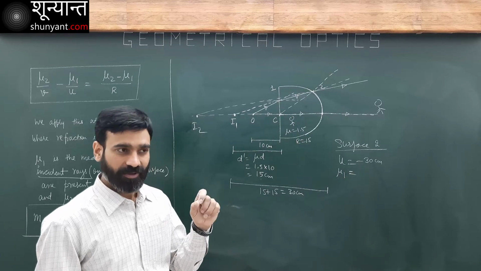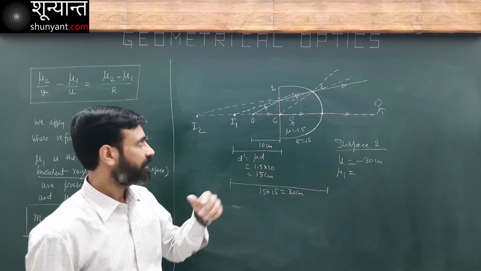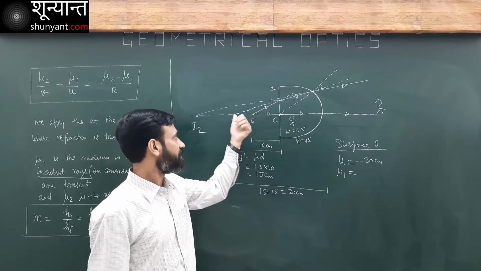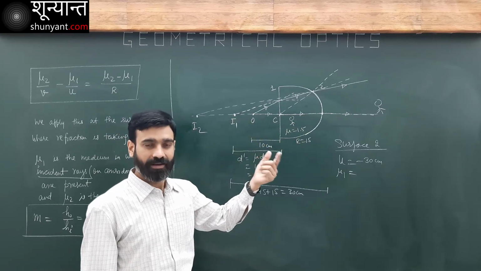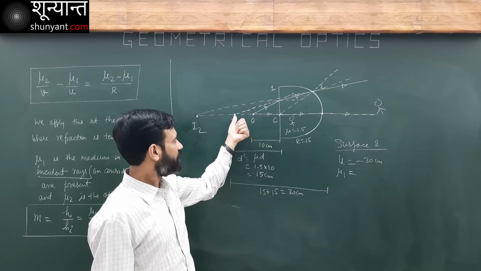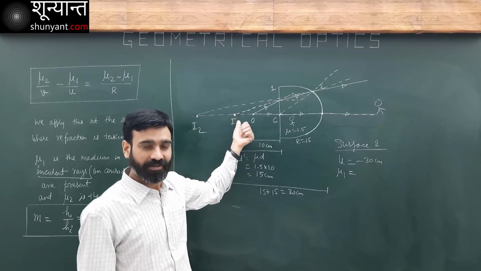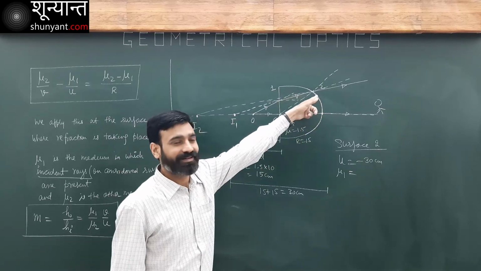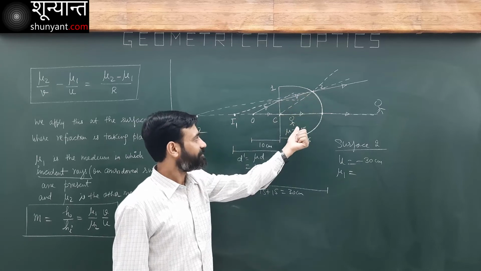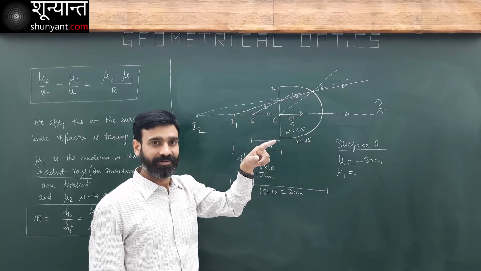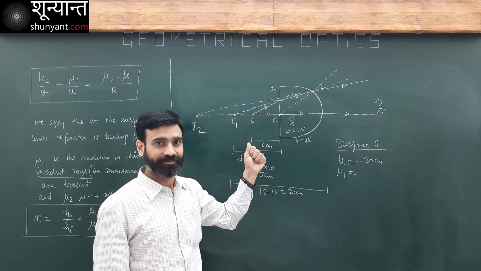What is mu1? It is not the medium in which the object is present, then it becomes confusing. You start thinking that this image, which acts like an object for this surface, is present here in air. But this appears to you, not to this surface. For this surface, the light ray is coming from this medium, so this object is also in the same medium, not in air.